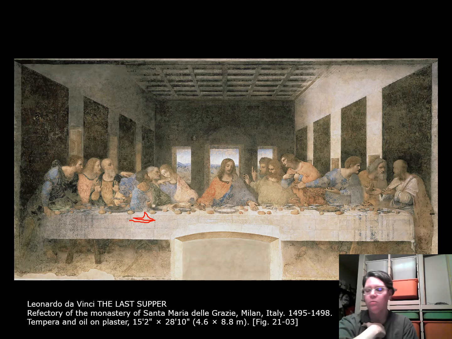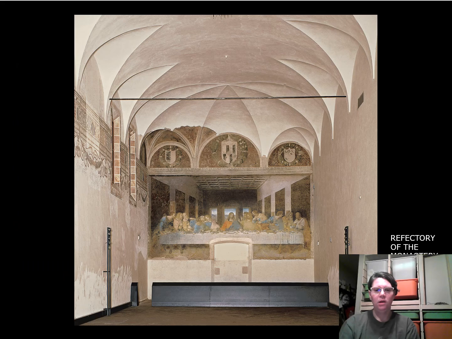Interesting things about this painting. It has an interesting history in that the building that it's been housed in has been through a lot. Let me show you the next slide. It's a panned out version of the Last Supper. Here's what the painting looks like if you were standing or eating in the refectory.